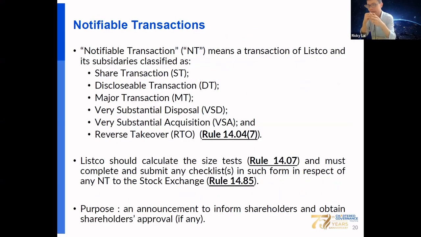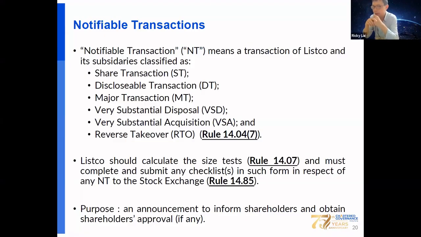Now, let's take a look at another topic, that is Chapter 14 of the listing rules, the lower-tier transaction. Before we look at lower-tier transactions, you should know all 6 types of transaction under the listing rules. How to determine the type of transaction? The company should calculate the size test.